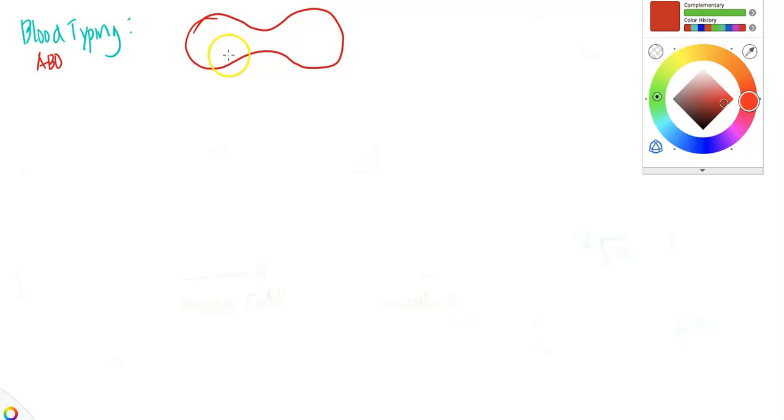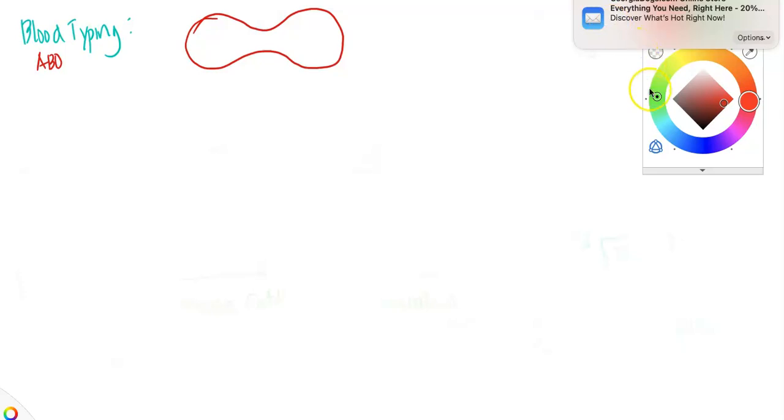So when we're talking about blood typing, we're talking about these little markers that are on our cells. And these markers are on all cells, but these are specific markers that are on blood cells.